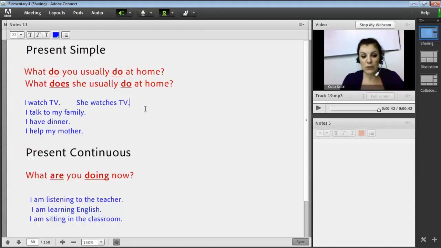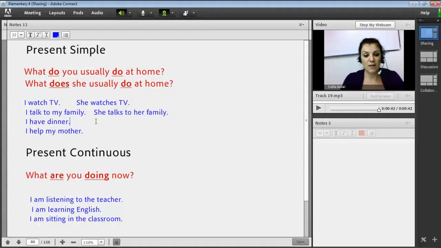So we use the infinitive, but it's very important to remember that when the subject is he, she, or it gets an S ending. That's right. So I talk to my family becomes she talks to her family. Good.